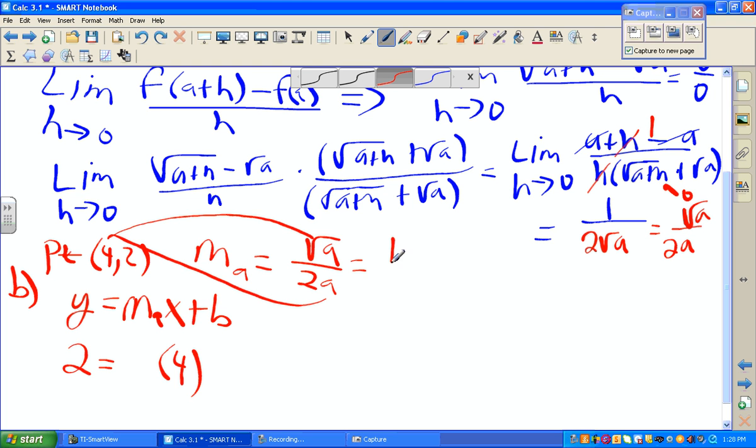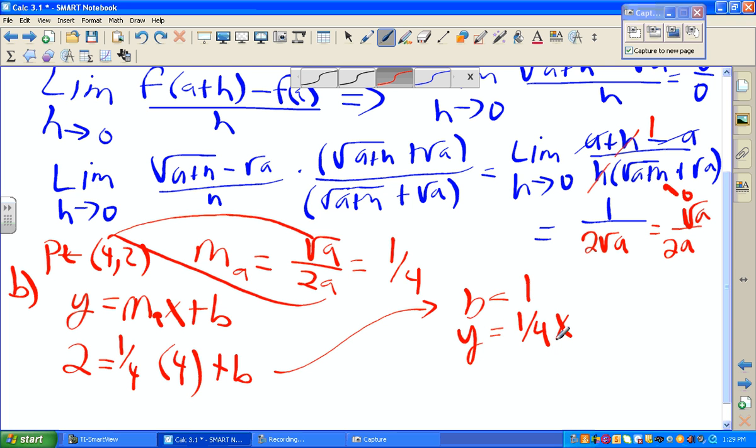So the slope equals 1/4. 2 equals 1/4 times 4 plus b. So b has to equal 1. When you solve that, b equals 1. So it's going to be y equals 1/4 x plus 1.